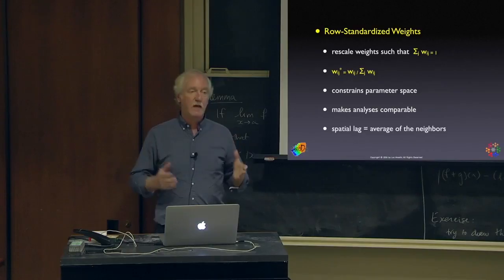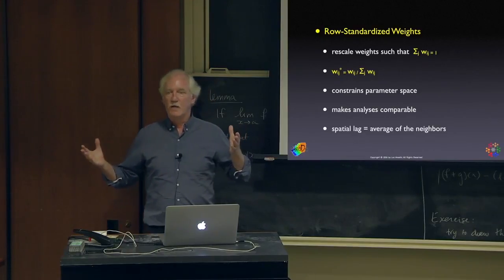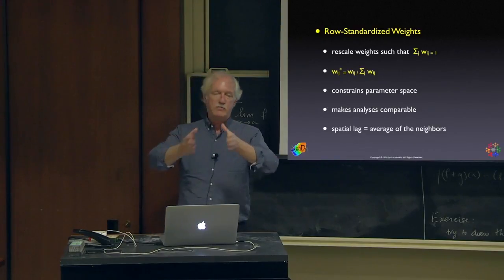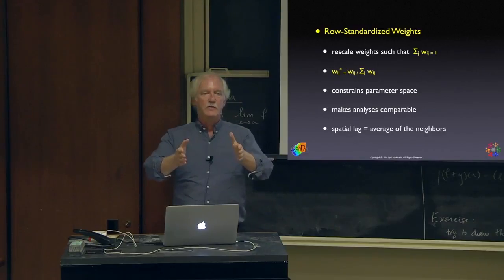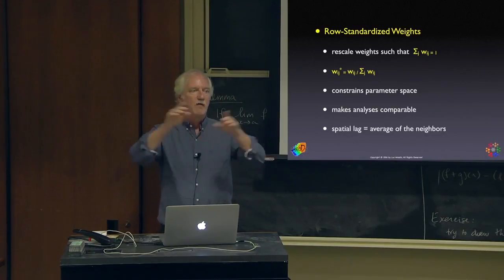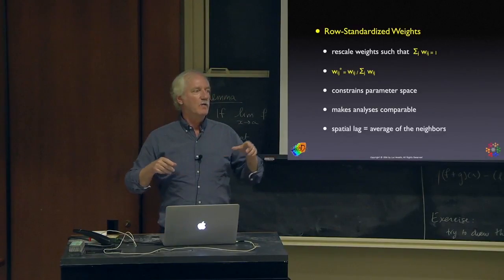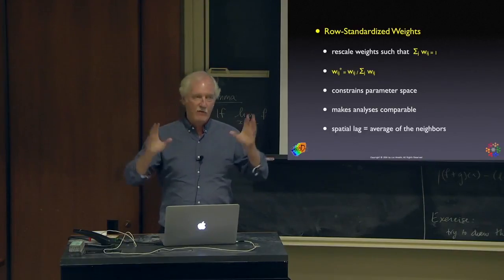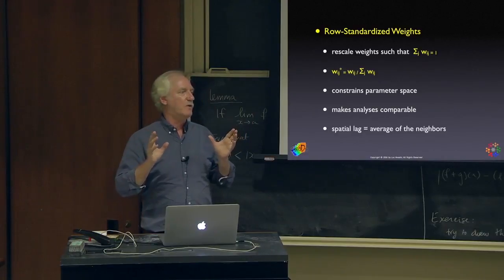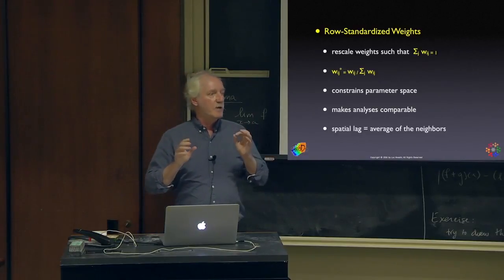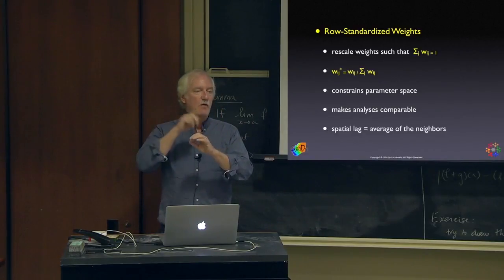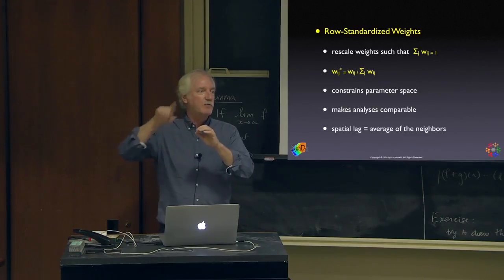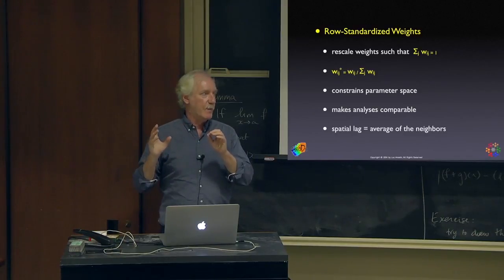I mean, think of an example, house prices, right? Let's say we have a house, let's say just 100,000, right? It has 4 neighbors, let's say they're all also 100,000, right? So we have kind of ideal spatial autocorrelation. They're all the same, right? Now, if you take the weights as 0, 1, these neighbors will become 400,000.